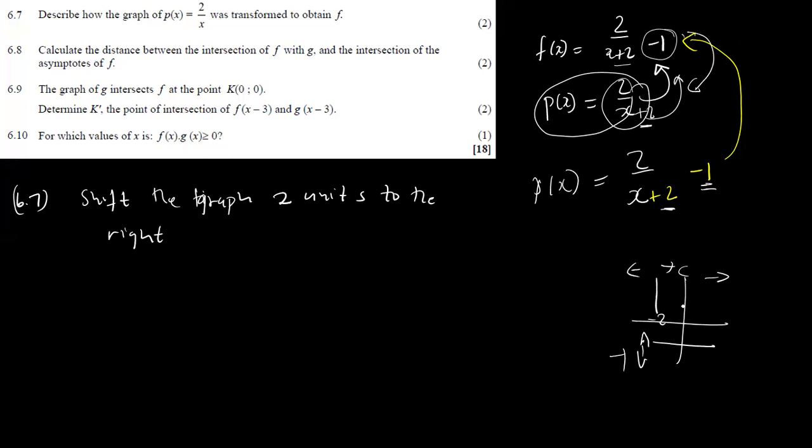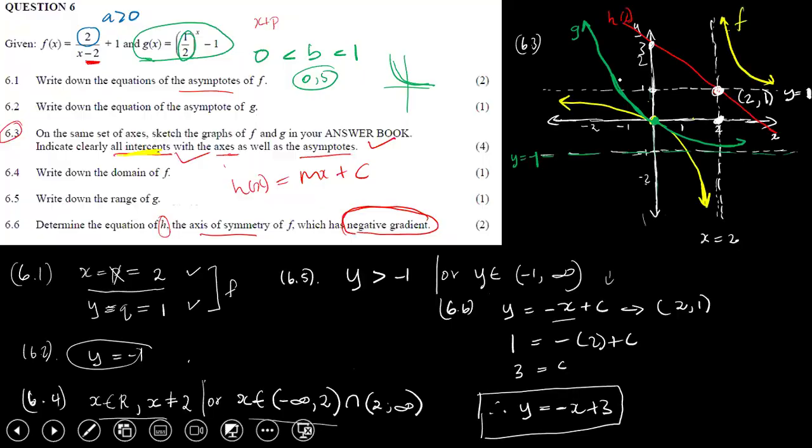So our graph initially was here. The asymptote of this graph was here. So we shifted it 2 units. Remember, this graph was here.